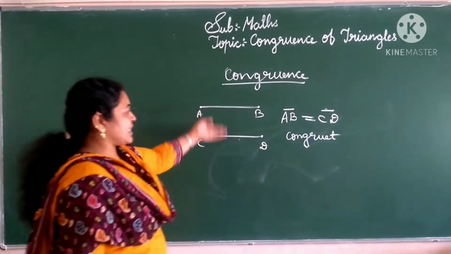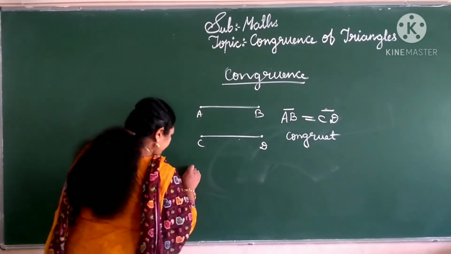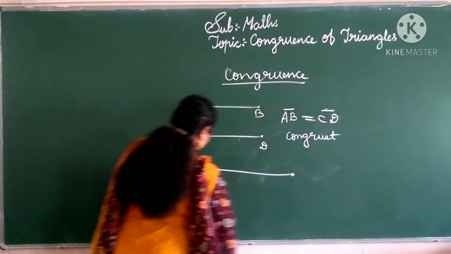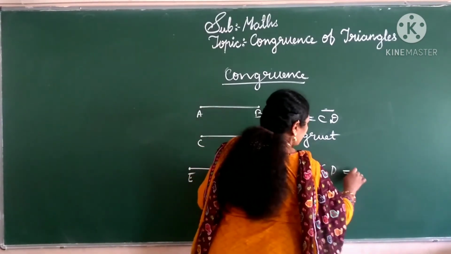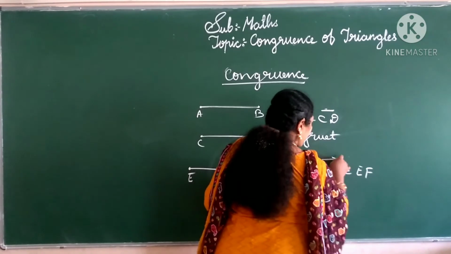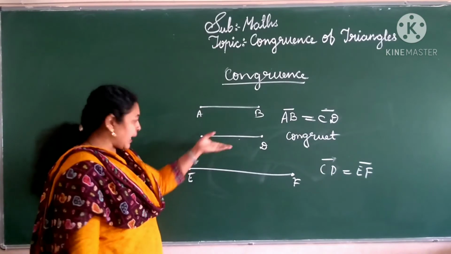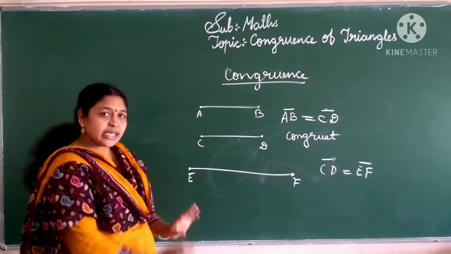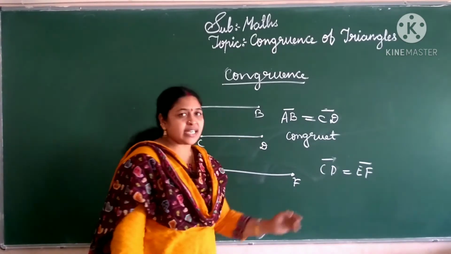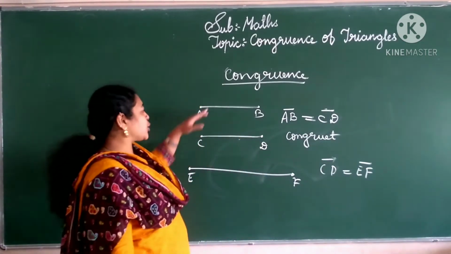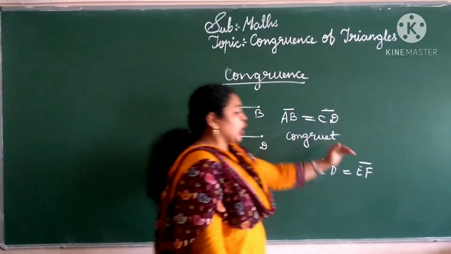When two line segments are equal, they are congruent. Now, is CD equal to EF? By observation itself, we can say these two are not equal. The length varies. In line segments, we only consider the length. If the lengths of two line segments are equal, then the two line segments are congruent.